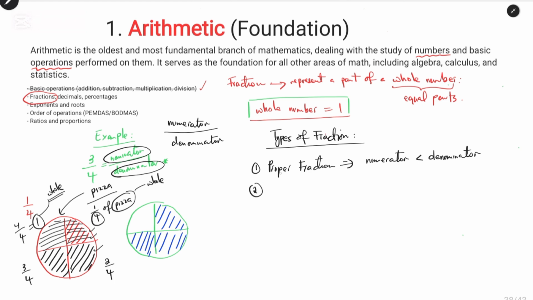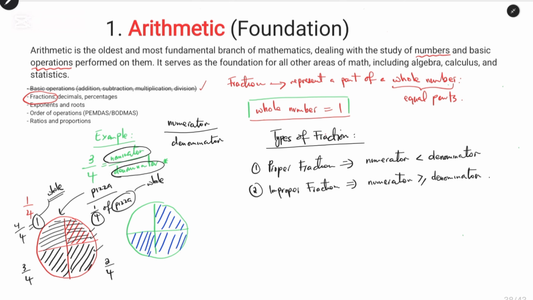And secondly, we have the improper fraction. In the improper fraction, the numerator must be greater than or equal to the denominator.